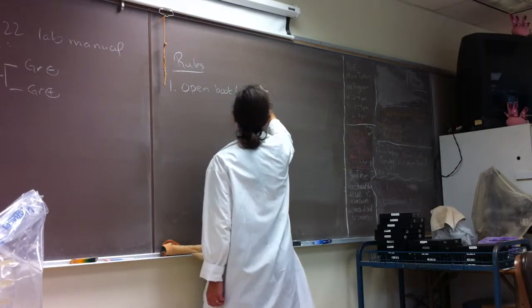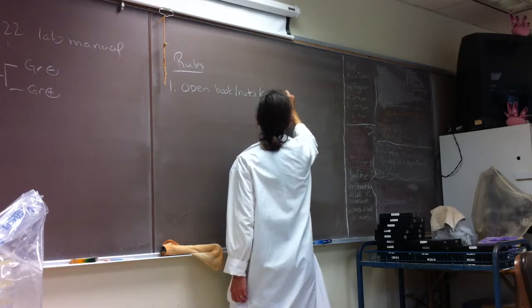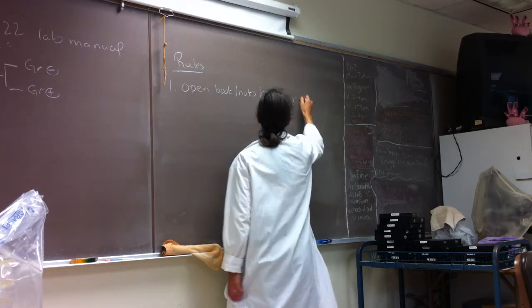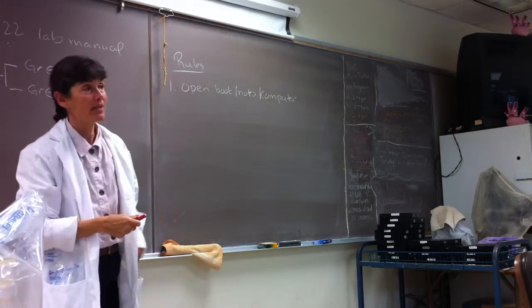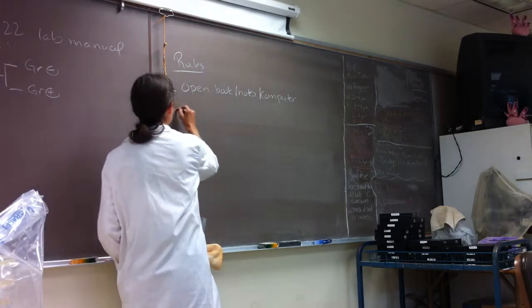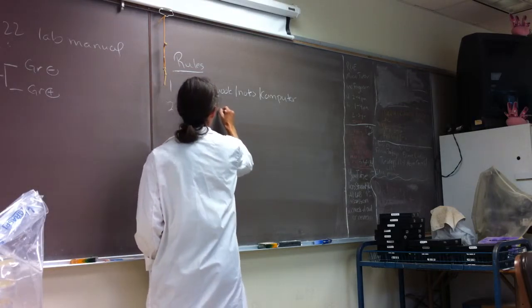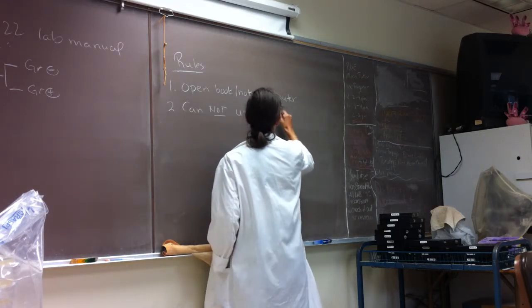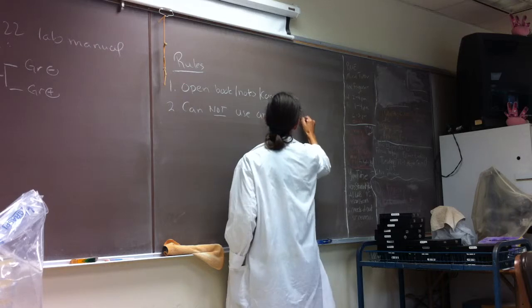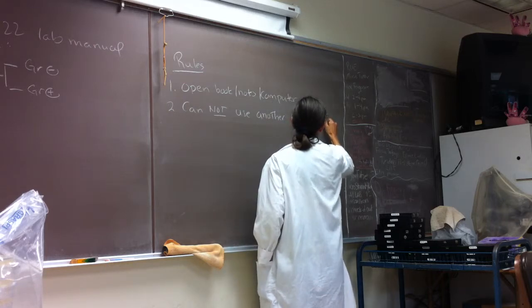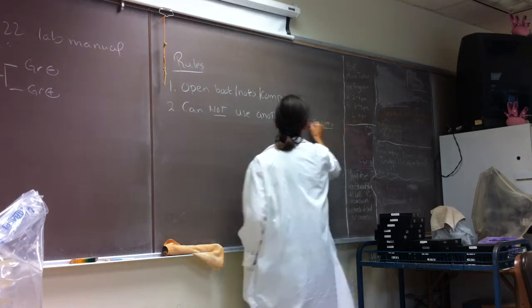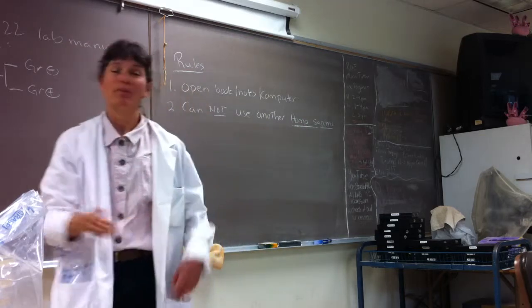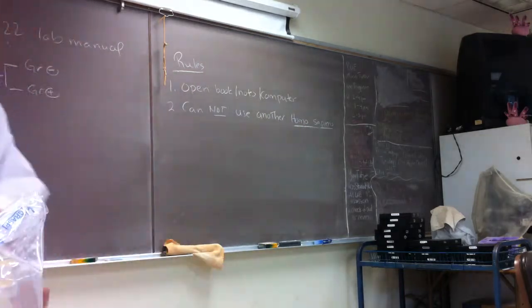You can use your computer, you can use the internet, any kind of resource, except you cannot use another Homo sapien. Okay, so other human beings, you cannot ask for technical help, okay? But you can use any other resource that you want.